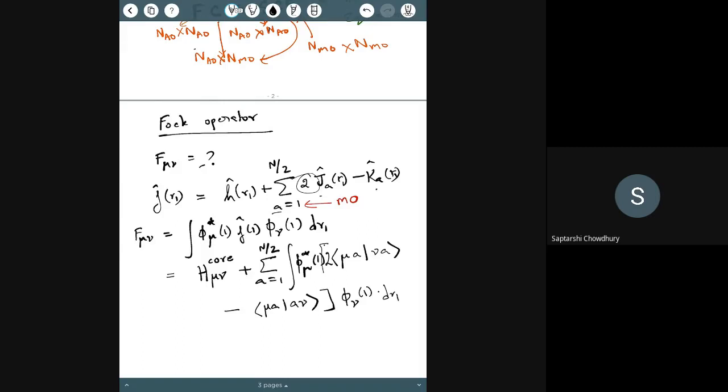Okay. And now what I do is I write the MOs involved here, that is A, in terms of AOs. So this is there, and now I'll have a sum over the AOs. Let's say I have a lambda.